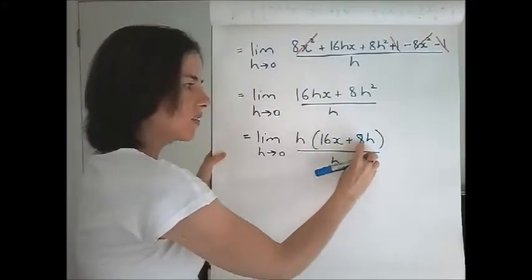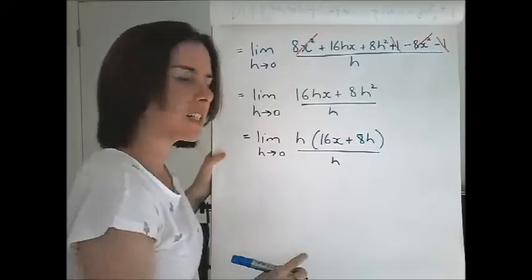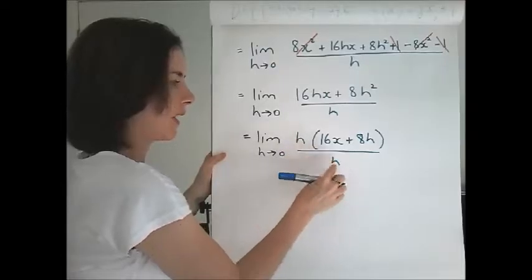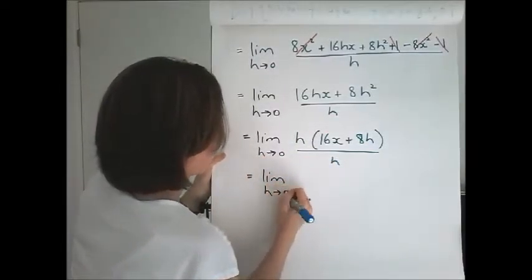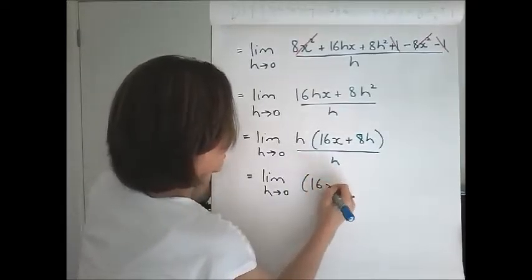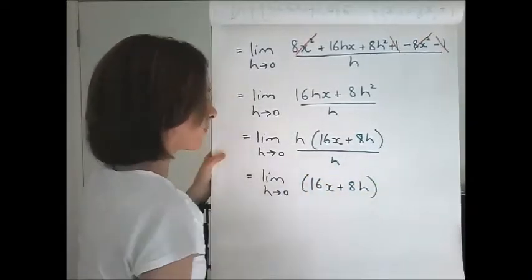Notice that I'm not interested in taking out the common factor of 8, just the h, because that's what will cancel. So it's the limit as h approaches 0 of 16x plus 8h.